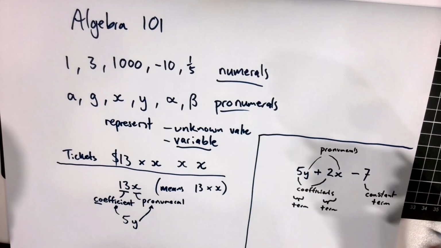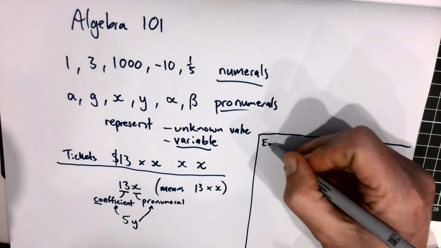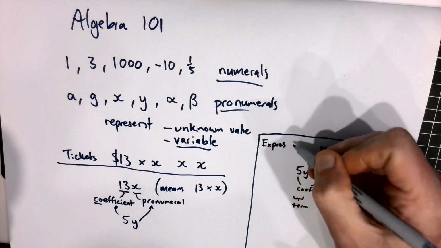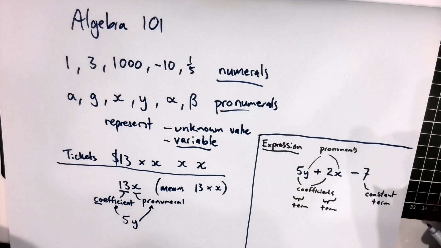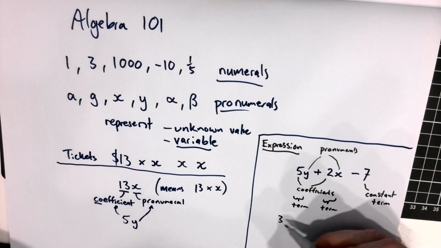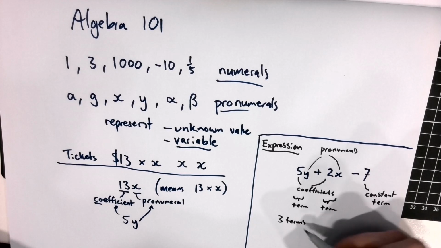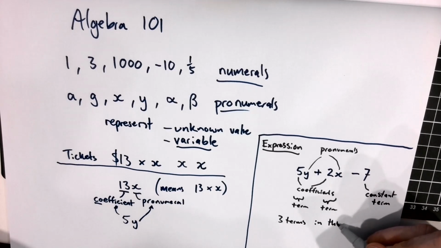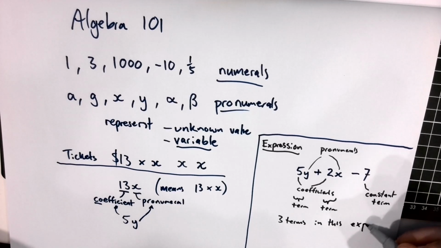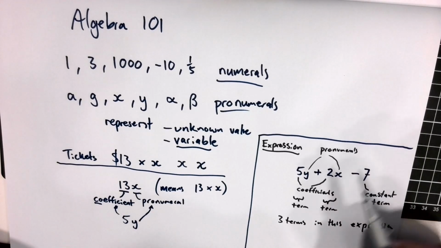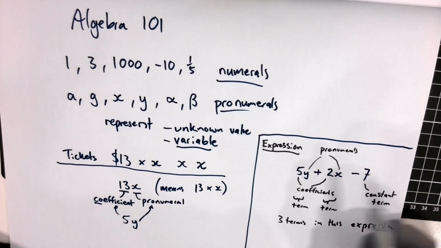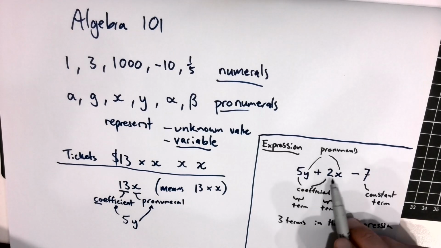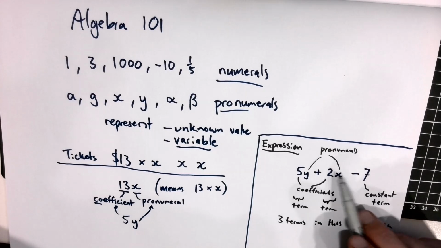So this number sentence itself is called an expression. Our numbers are expressing themselves. And in our expression, we have got 3 terms. And how you can tell that something is a term is that you can look to see if there are pluses and minuses between them. So there is a plus between 5y and 2x, and there's a negative between 2x and 7.